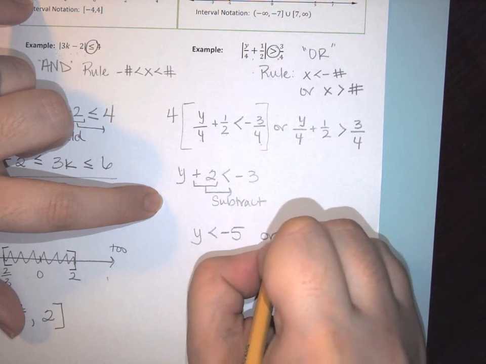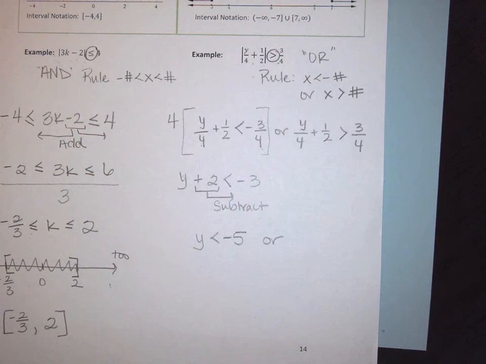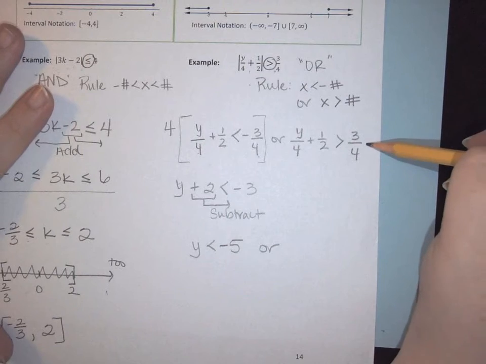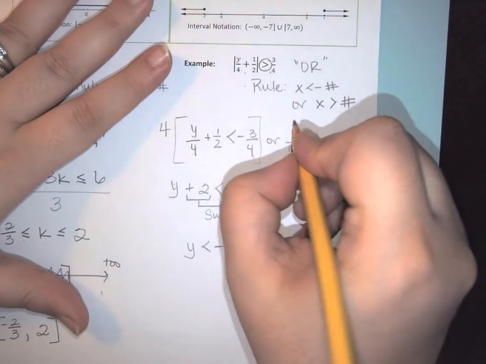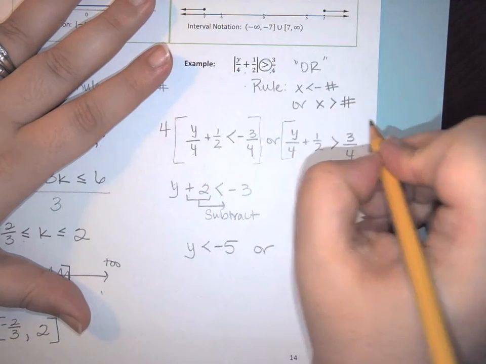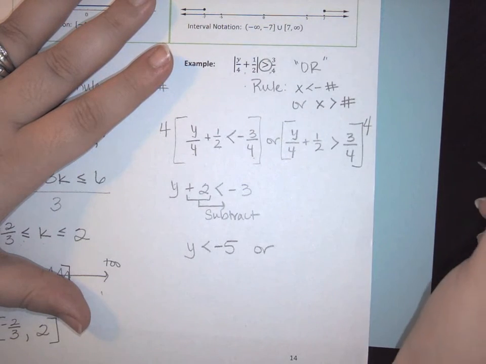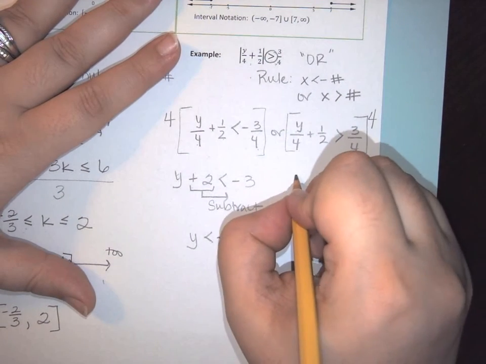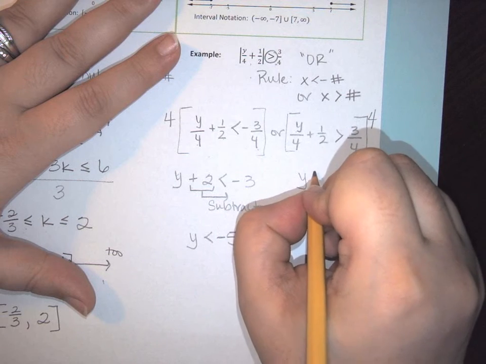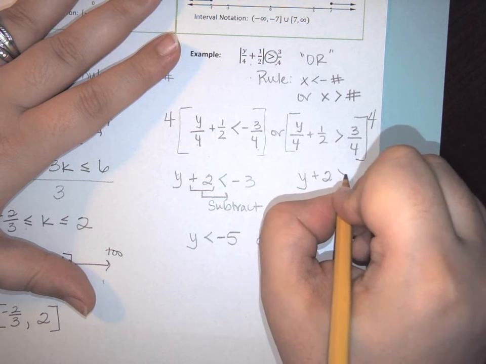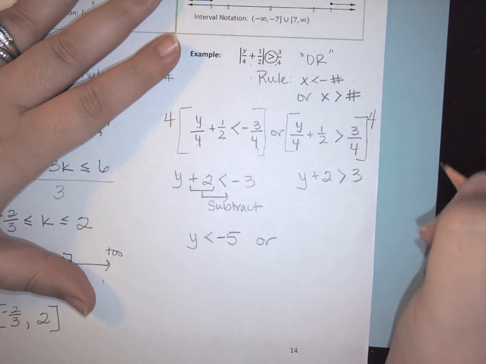Now I'm going to input my or here because I need to remember that I still have to solve the other side. With this other side, again, I'm going to do the same thing. I'm going to take the entire equation and I'm going to multiply it by 4, thus making this y plus 2 is greater than 3.